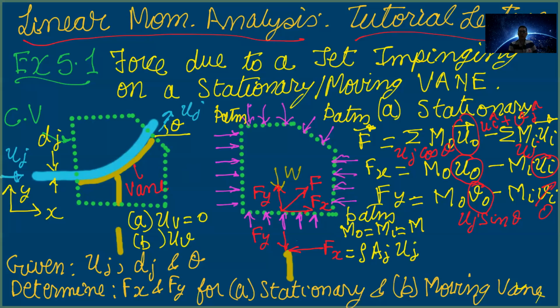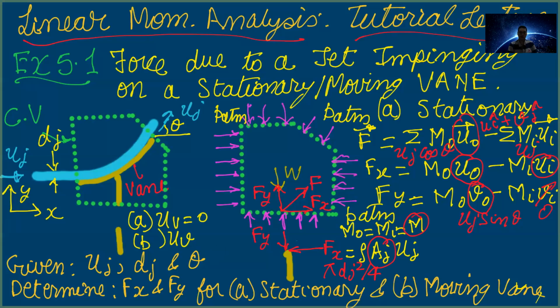This is the density, and this is the cross-sectional area of the jet. If the diameter of the jet is given, it is a circular jet, so you can take the area as pi by 4 dj square. And this is the jet velocity uj. So this gives you the mass flow rate.